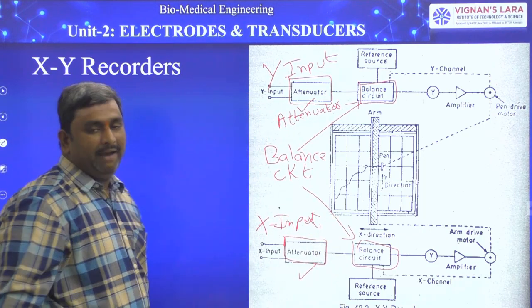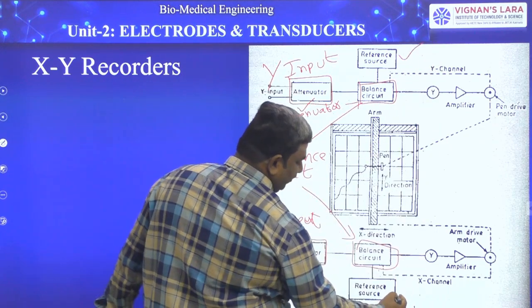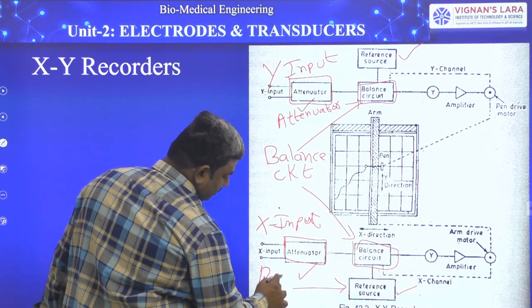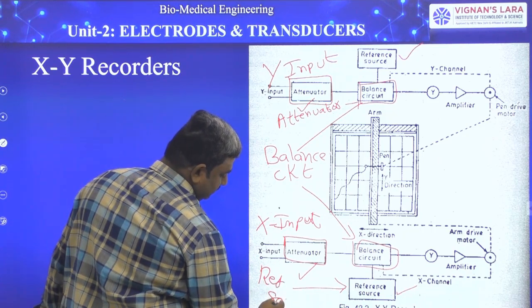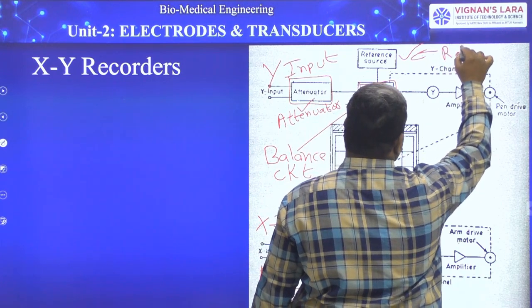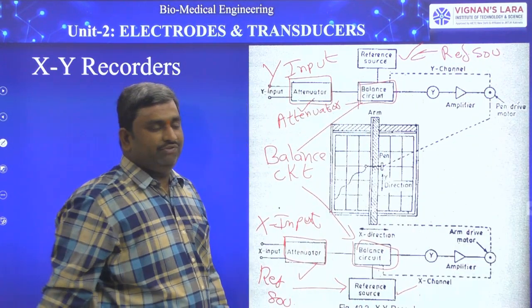These two are the balance circuits, and this is a very important one: the reference sources. So here this is also a reference source. Here we have the reference sources.